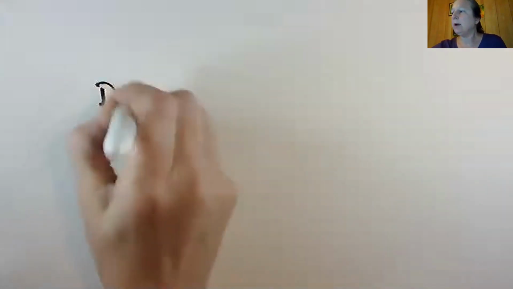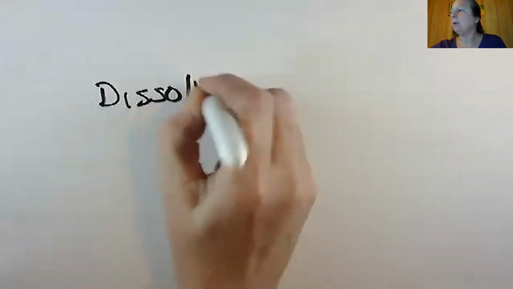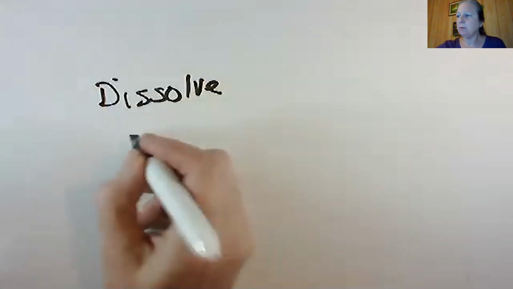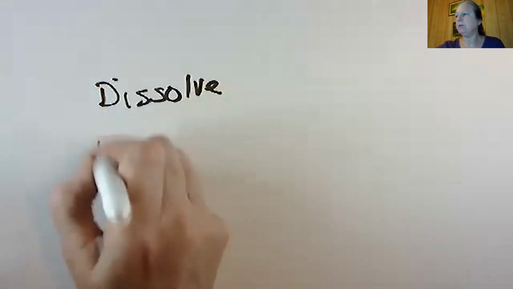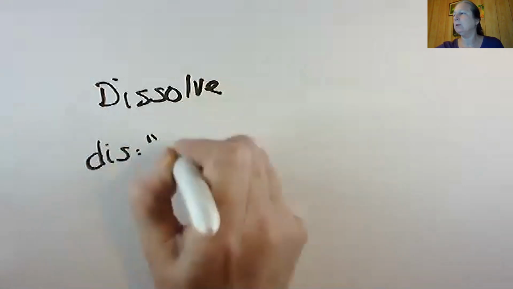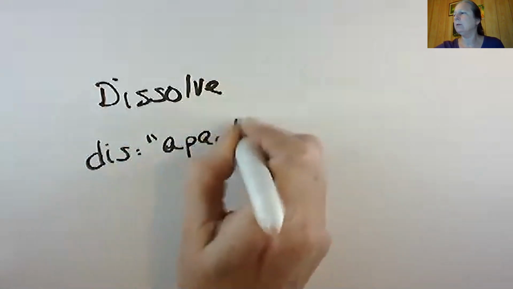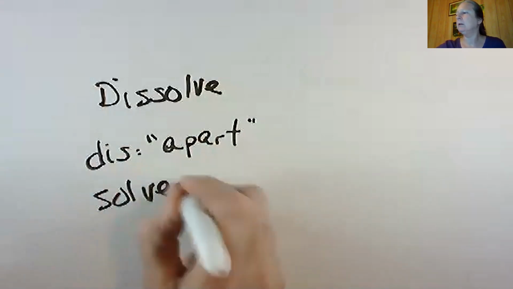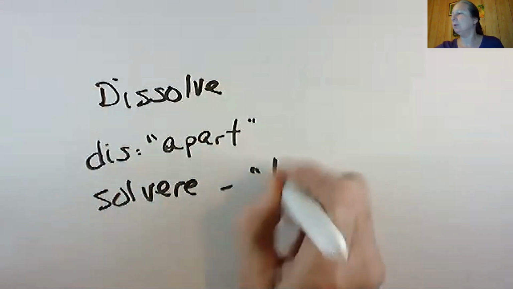So we're talking about dissolve, and we're talking about substrates that dissolve in water, because this is aqueous chemistry. So dissolve comes from the Latin. Dis means apart, and solvere means loosen.